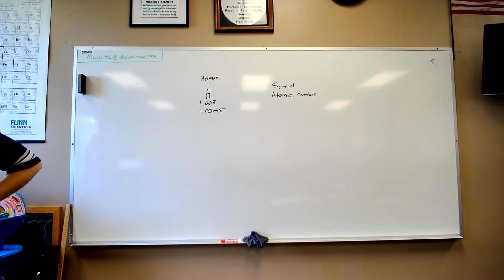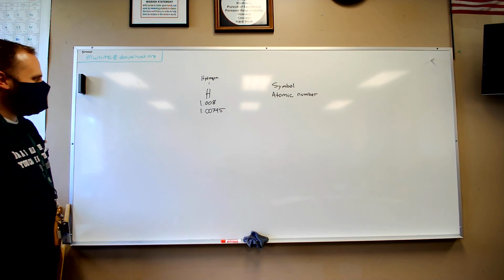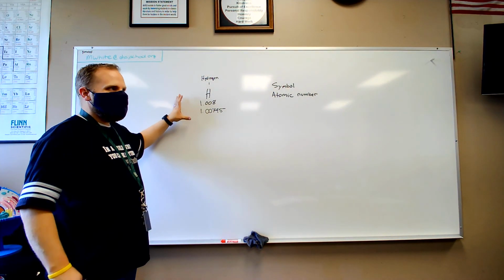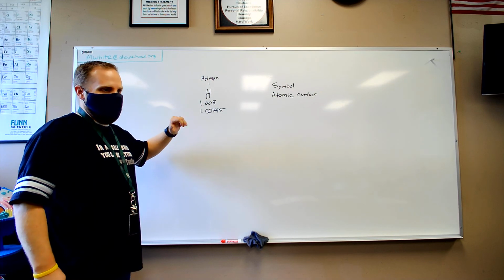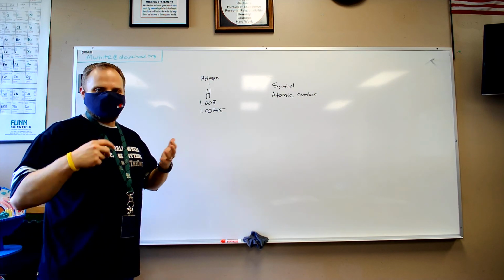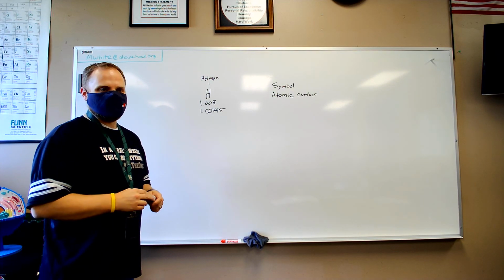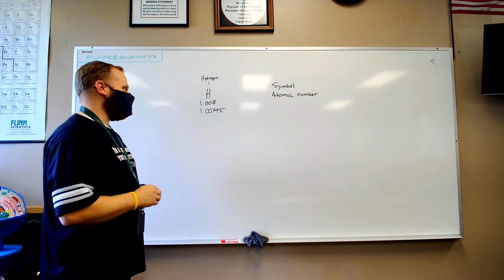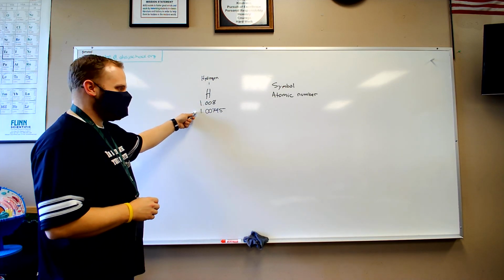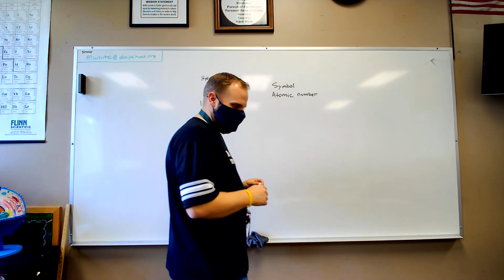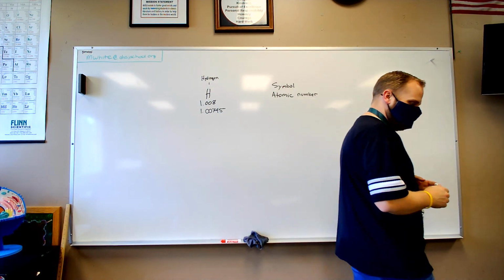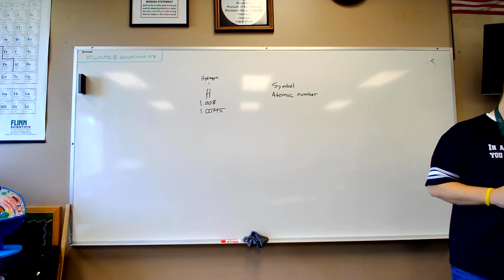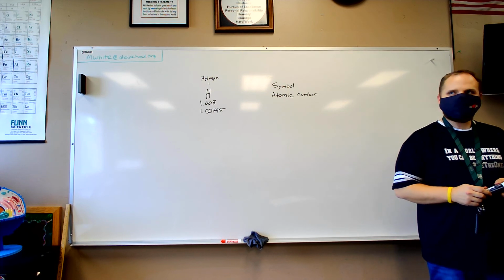That being said, you can use the one in your book all the time. Our calculations might be a little bit different, but it'll be within a rounding error. So it's fine. You can use that one, or you can use that one. Doesn't matter. Just use whichever periodic table is available to you.